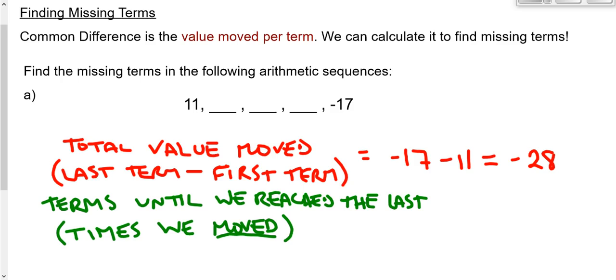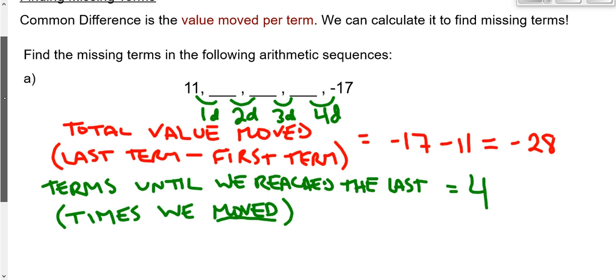I want to figure out the difference, so I need to figure out how far I moved from where I started. So if we take a look at this, this would be one time we moved, one common difference. This would be a second common difference. This would be a third common difference, and then we move one more time here, a fourth common difference. So we're basically just asking how many times we moved, and in this case, we moved 4 times. We moved once to get from 11 to the next term, and then again, and one final time to get to that -17. So we moved a total of 4 times.